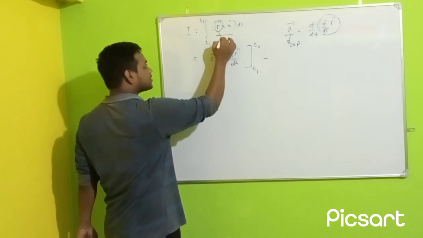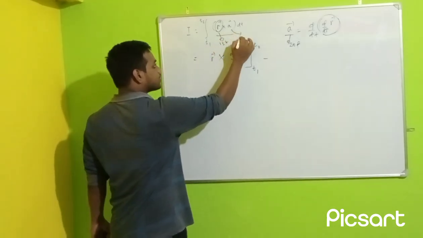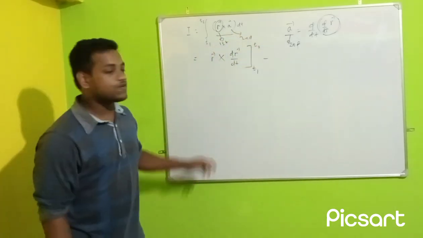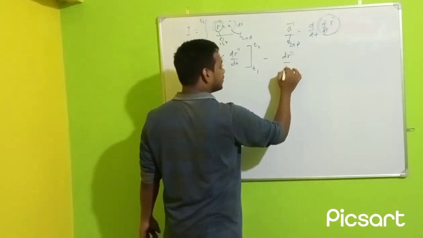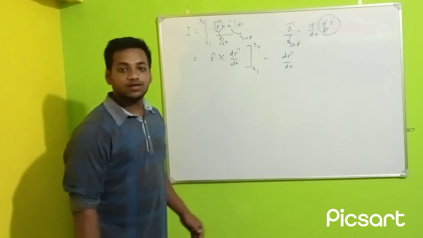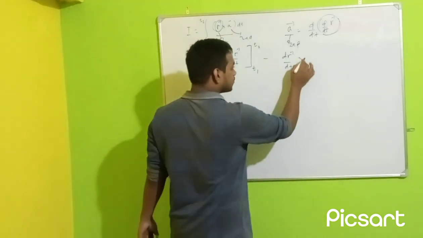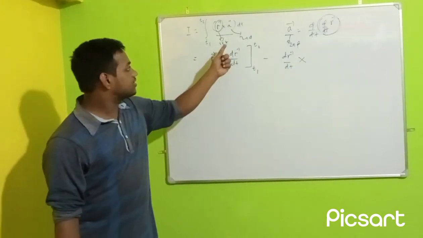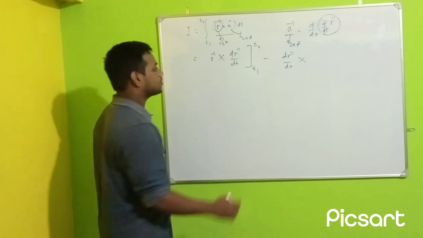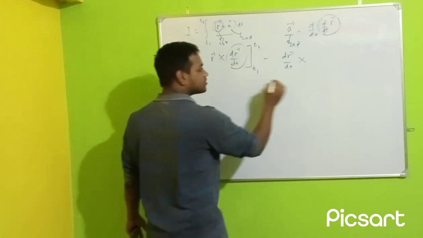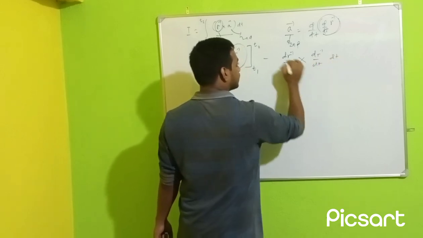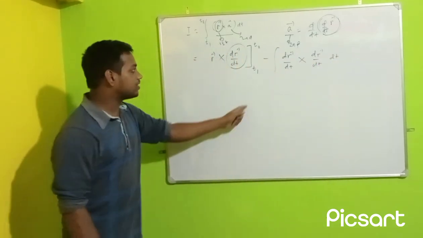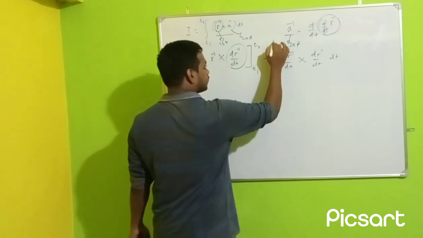I mean this was my first function, this was my second function. Derivative of this first function here will be dr by dt. The cross symbol will be here. Next, integration of the second function, I mean this function's integration will be here, from limit t1 to t2.